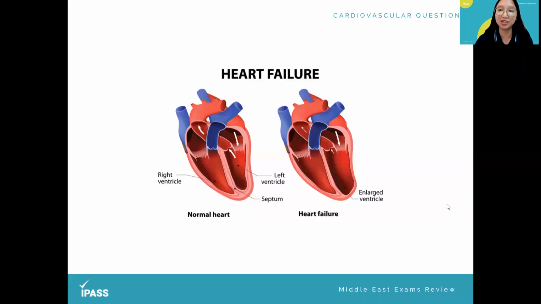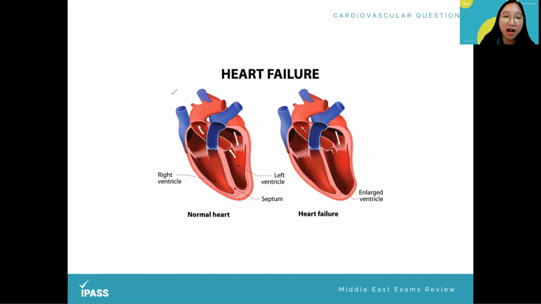All right, let's have a short discussion about this one. We have two types of heart failure, dear nurses: left-sided heart failure and right-sided heart failure. Let's have our normal mechanism of the heart, normal blood flow.